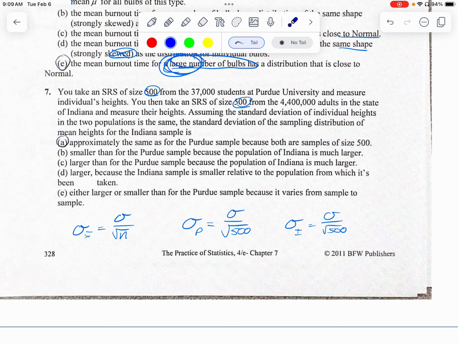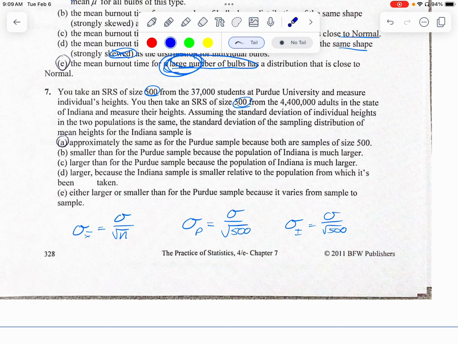So they're saying right here that sigma P and sigma I are equal, which is somewhat reasonable. Do you think the heights of kids that go to Purdue is the same as the heights of kids that go to Indiana? Probably, okay? So that is important to know, okay?